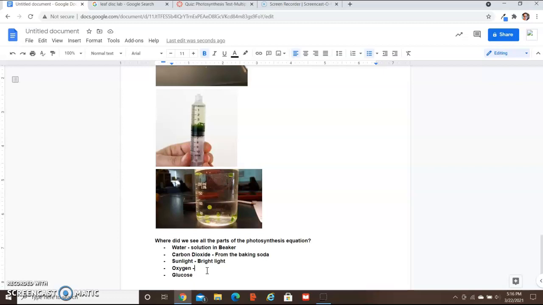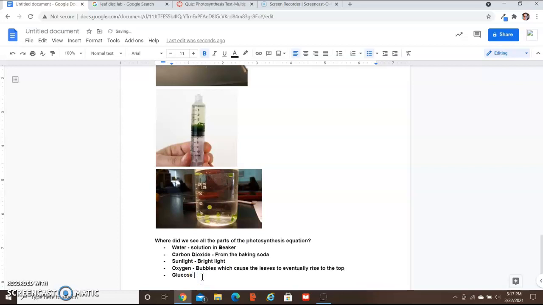And it's being released as a byproduct from these cells. So we see the oxygen as bubbles, which cause the leaves to eventually rise to the top.